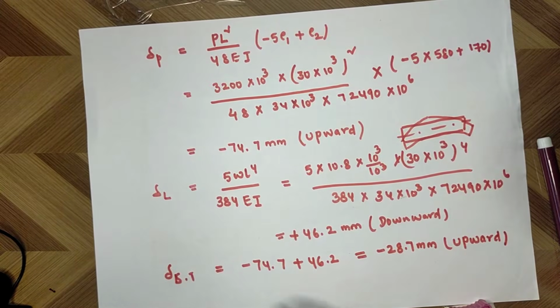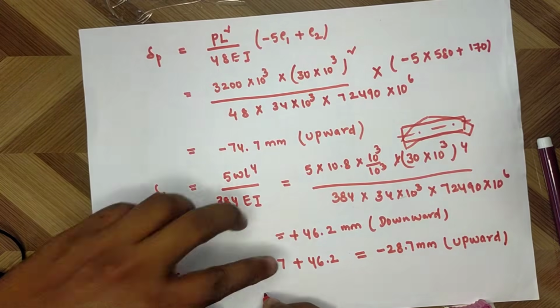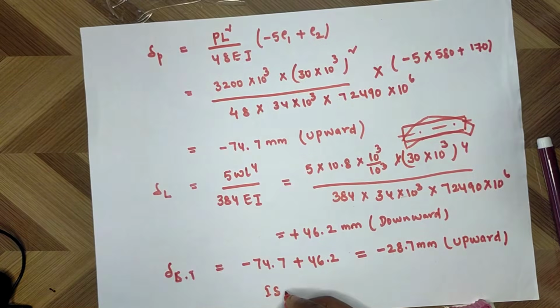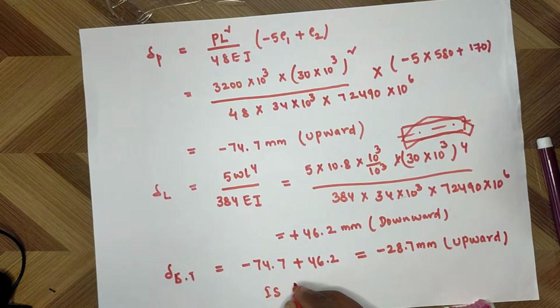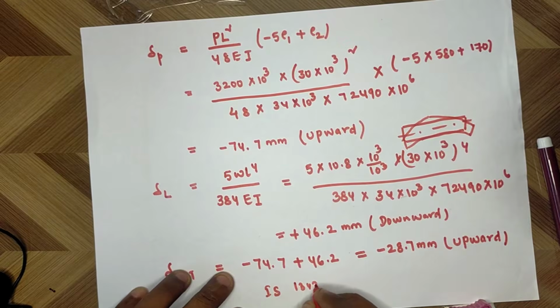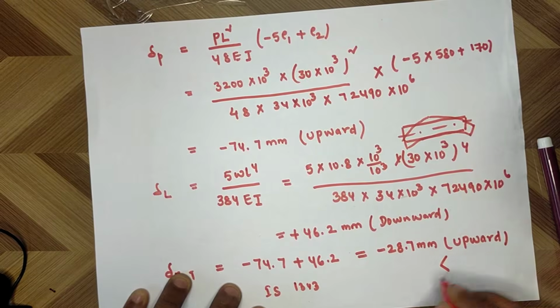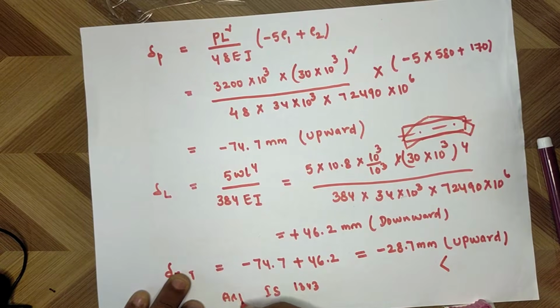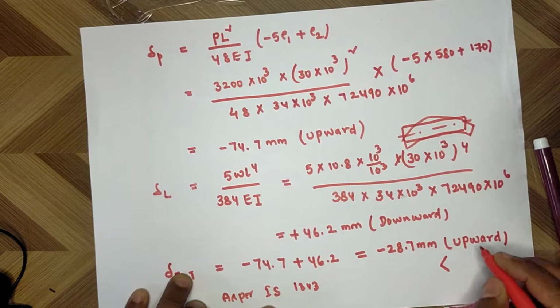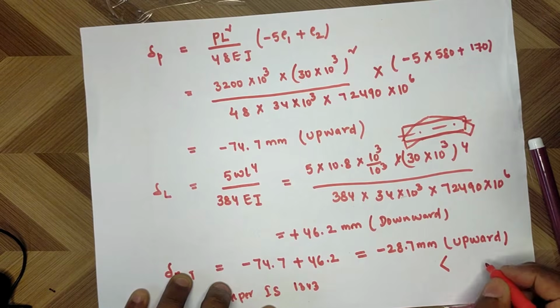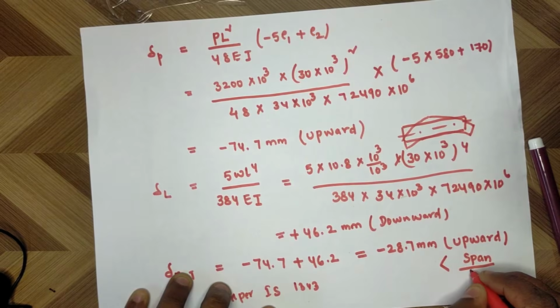Now IS 1343 recommends that this upward deflection should be less than span by 300.